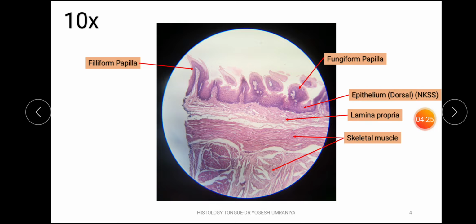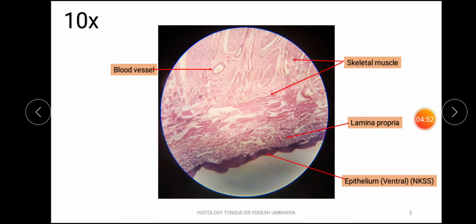And underneath the epithelium is the layer of loose connective tissue, the lamina propria, underneath which you will find varying directions of the skeletal muscle fibers. You can see this is one direction, and another direction of the skeletal muscle fibers is here. So this is the image under the 10x.